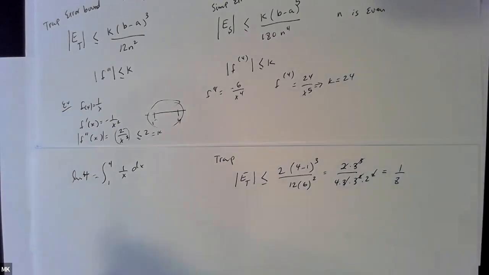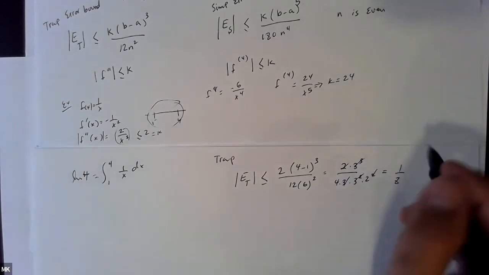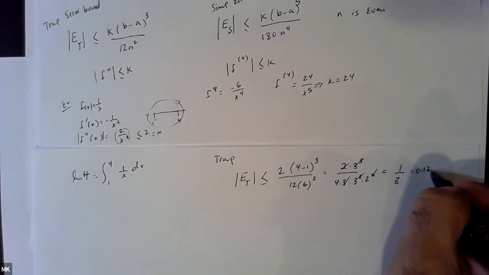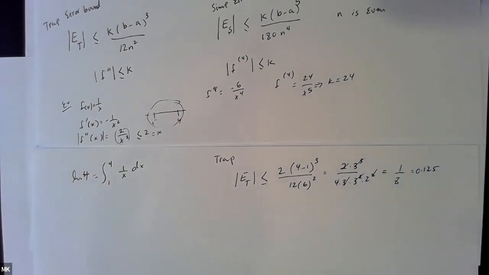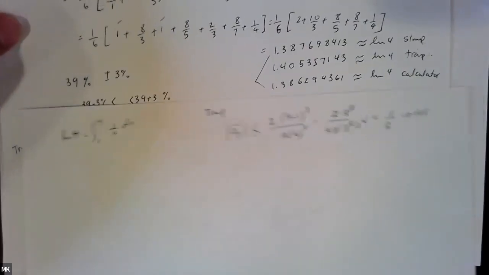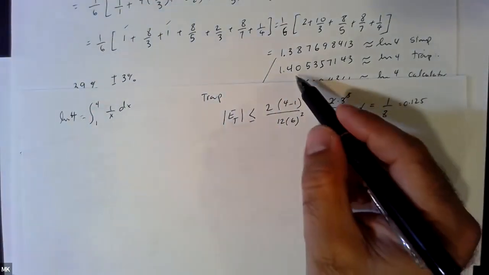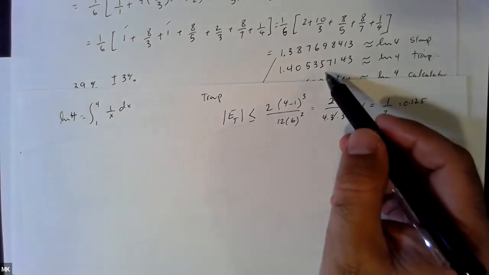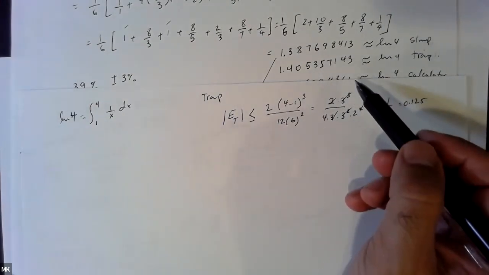So now that's of course 0.125. Now, okay, so what does this mean? This is what it means. When you use the trapezoidal rule, you got 1.405357143.